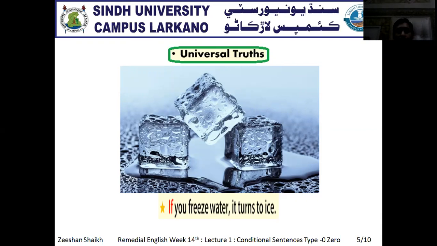Especially we use the fridge in the hot season or summer season. That's why we use this kind of conditional sentence in type 0, when we have two present simple tenses. Besides this example, I can give you another example as well.